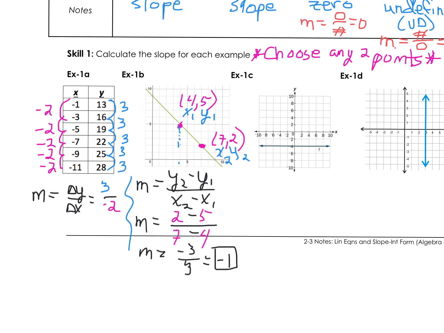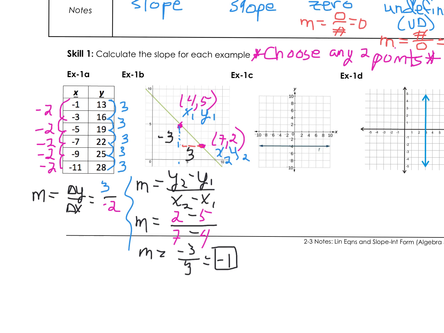Okay, so that rise was down. Since it's down, it's negative. And didn't I go down 3 spaces? So that's a negative 3. And then my horizontal run is going to be to the right, and to the right is a positive direction, and so that is going to be a positive 3.